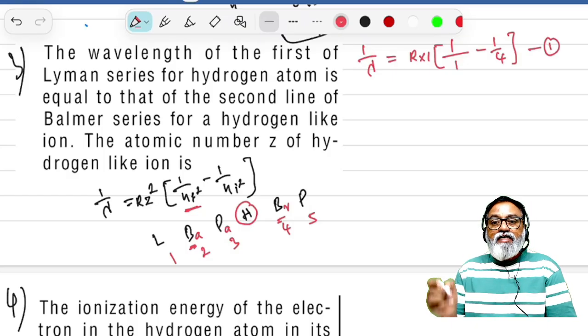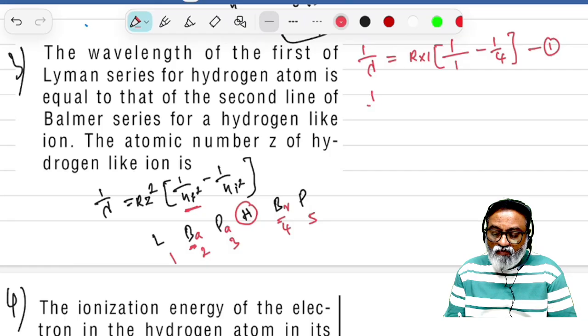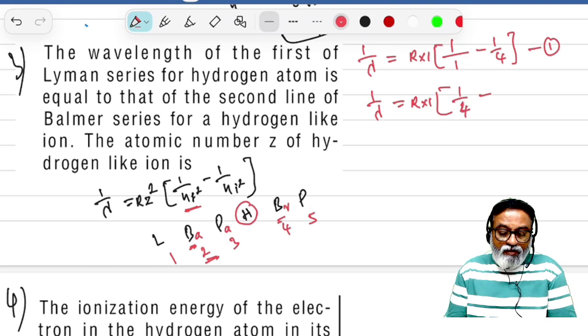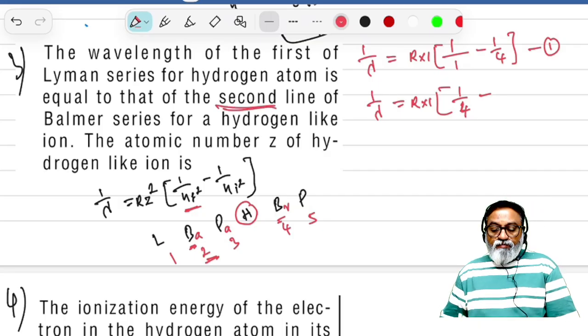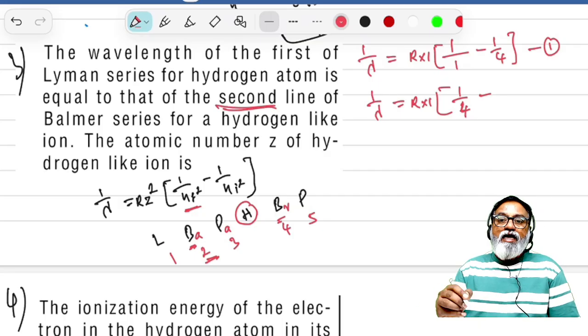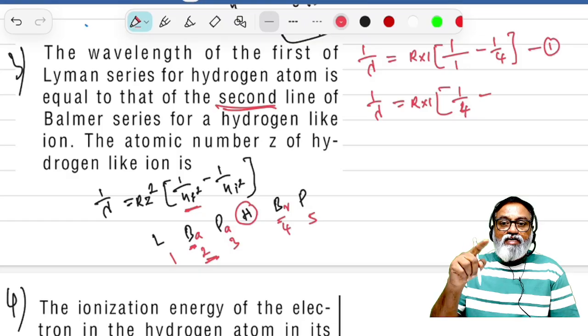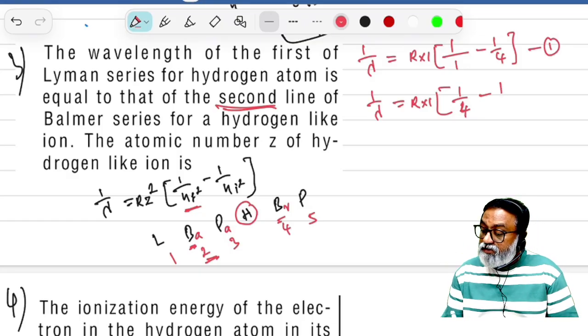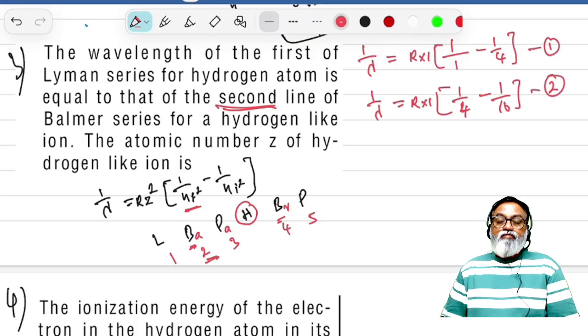For Balmer series also, both having the same wavelength, therefore 1 by lambda is R into 1 by... For Balmer series our number is 2, therefore 2 square, 4. But here for Balmer series, second line means our number 2 plus 2, 4, 4 square, here is 16. This is equation number 2.